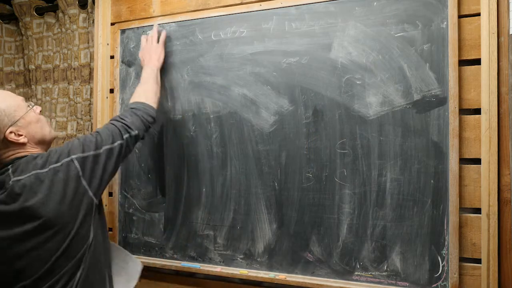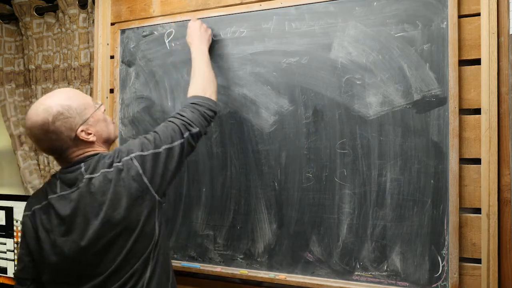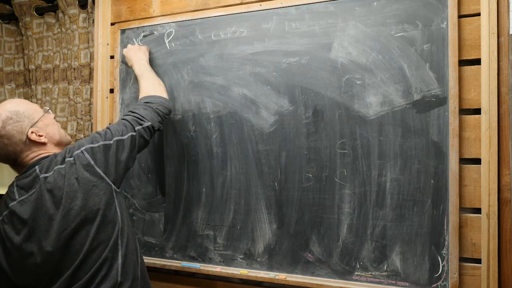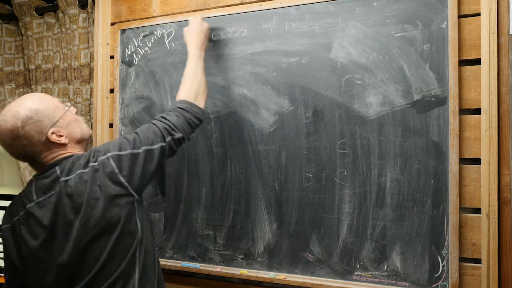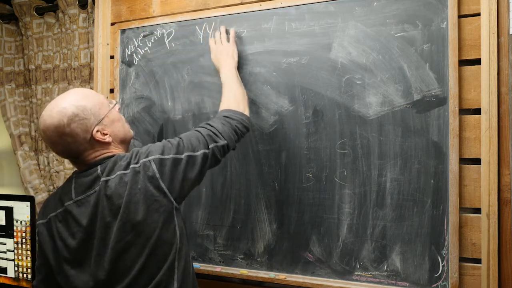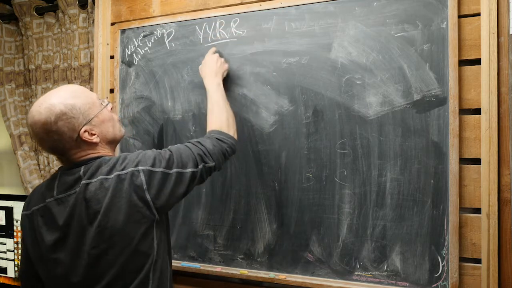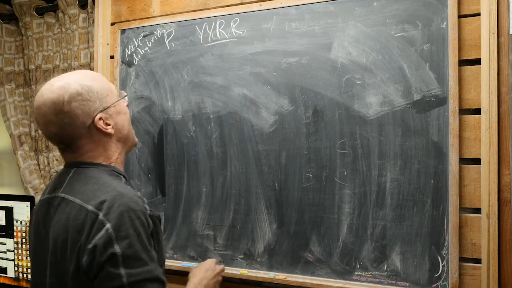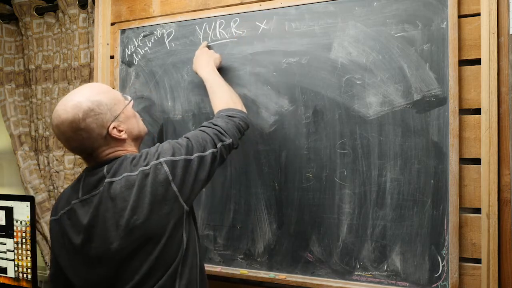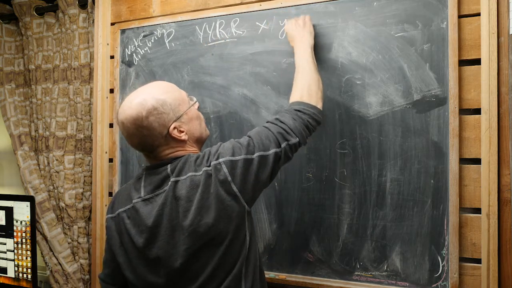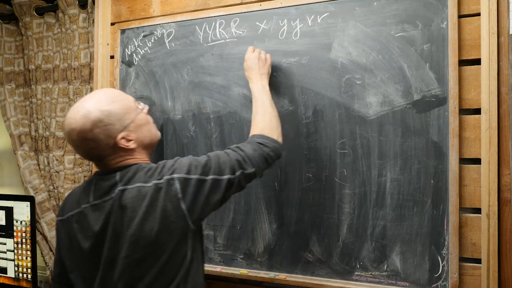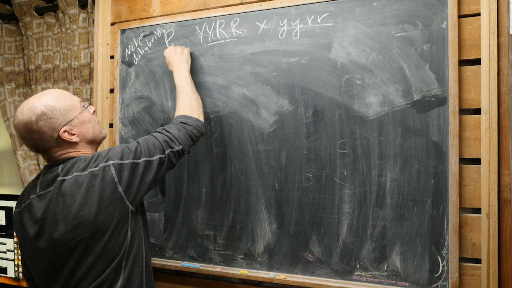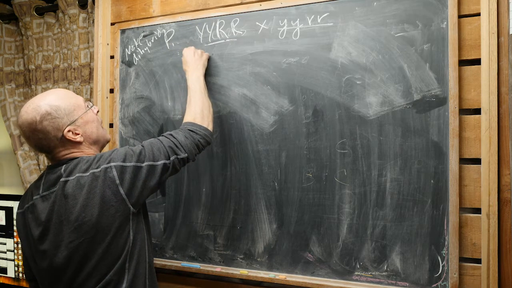So here we go. In our parental cross, we're going to make dihybrids. And to do that, we're going to go boom, boom, boom. So this is basically what we would call true breeding or homozygous yellow round, and we're going to cross those with true breeding, homozygous green wrinkled. True breeding is the old Mendel term.